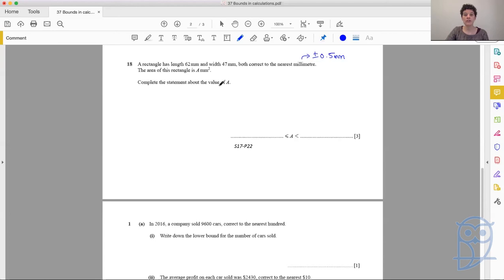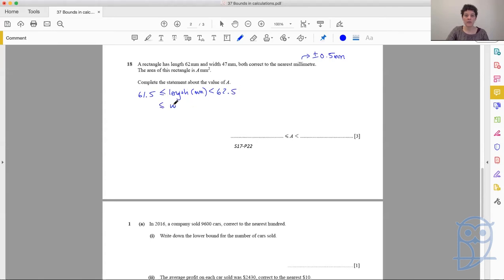Complete the statement about the value of A. So A and C here are inequalities. So we now need the lower bound and the upper bound for the area of this rectangle. So we start the same way as we always do. We have length in millimeters. 62 minus 0.5, 61.5. 62 plus 0.5, 62.5.